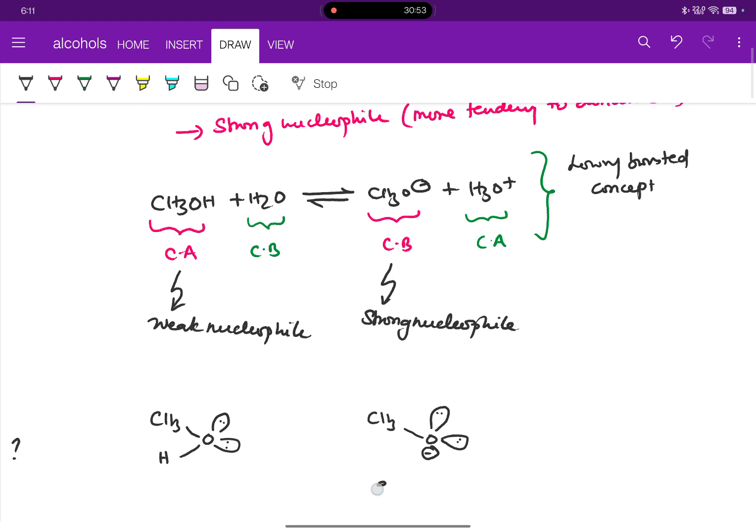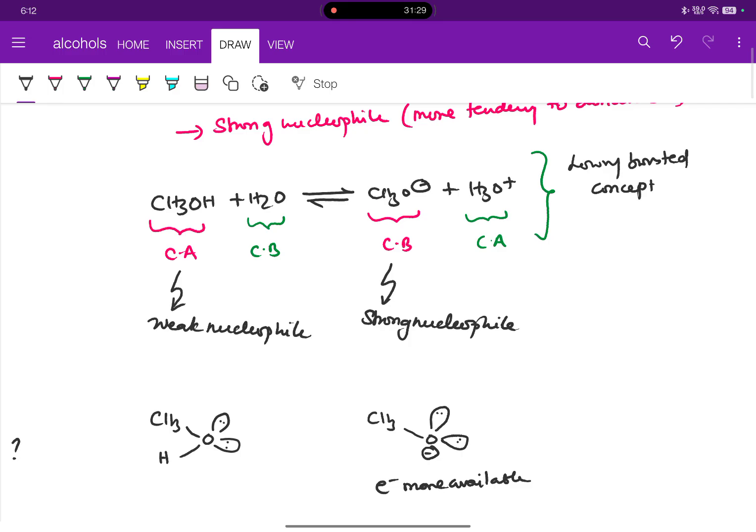Say I have 20 kilograms of rice and another person has 40 kilograms of rice. Both have a tendency to give, I am not denying that. But among the two, who is better? The 40 kg person, because of the extra he can easily give. So this is the condition for a nucleophile. Yes, sir.